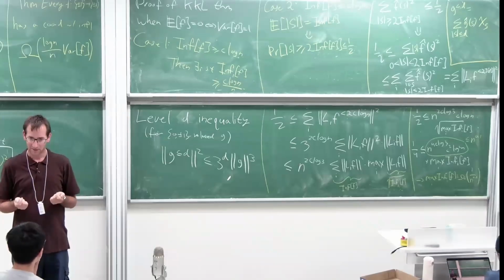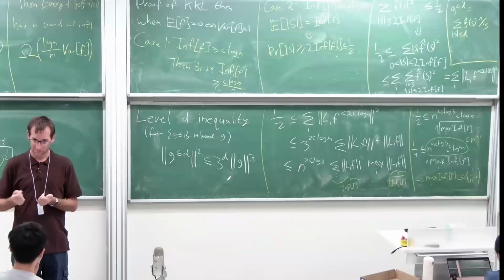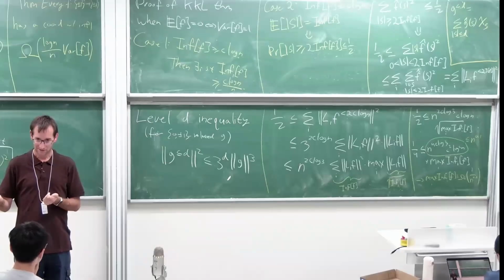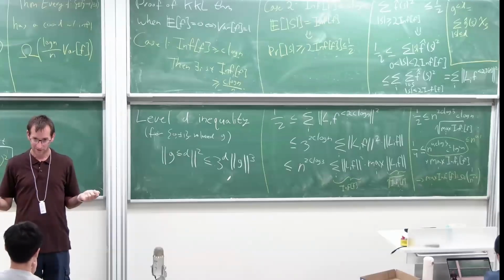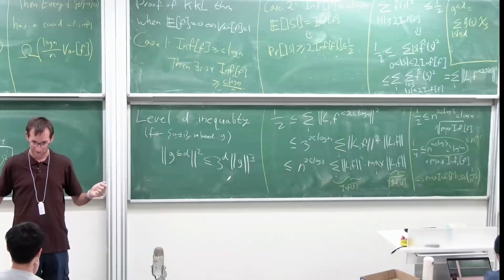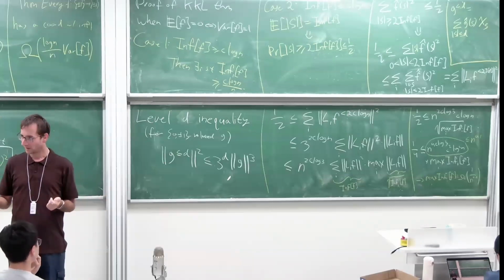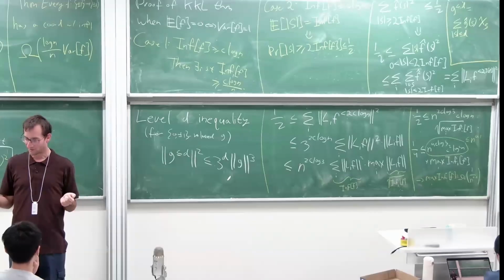I guess it's not a big deal, and maybe it would translate to some additive loss rather than multiplicative loss. We do know that log n over n is the right answer up to constant. You're right that this proof seems lossy, and maybe you can squeeze a bit more out of it. But we don't care about constant factors, and that's why nobody bothered doing it.